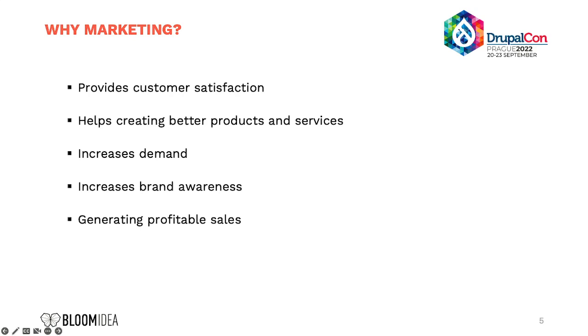It's part of our daily lives, and if the products and services we use are good, they meet our expectations, we are happy with that. So we are happier humans, and society as a whole gains with that. Also, on the economic side, it increases demand for the products and services of the company, increases brand awareness, and hopefully generates profitable sales.